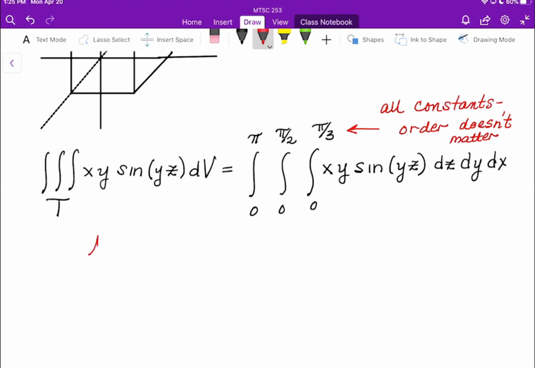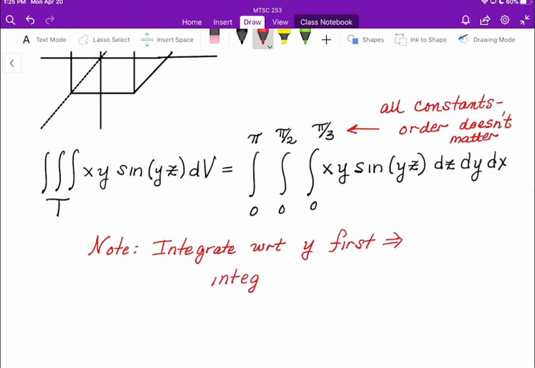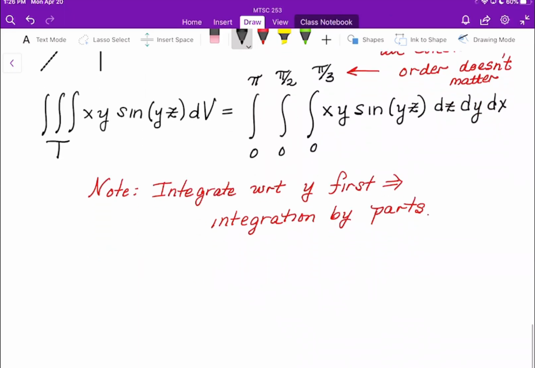So I'll make a note to myself: if I integrate with respect to y first, I'm going to have an integration by parts, and we don't particularly care to have to do that unless we want to. So yes, Marcellus, you are correct. We can pull out the x.